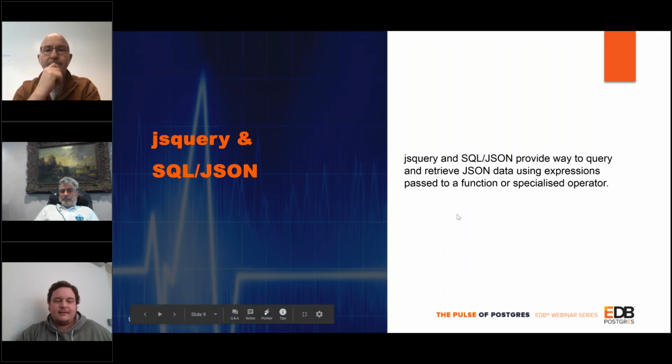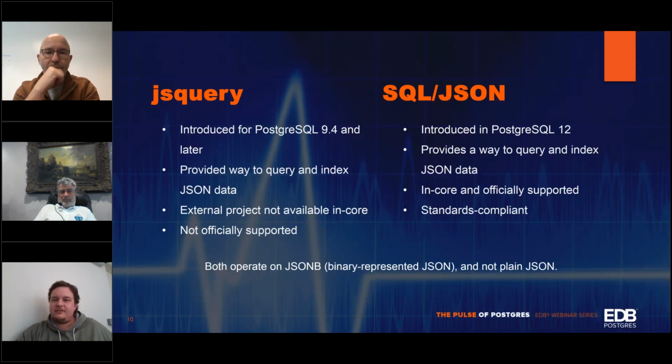Okay, shall I get started? So just a quick overview of what we're talking about. The two things in question, we're comparing functionality of Jsquery and SQL JSON. These both provide a way to query and retrieve JSON data using expressions passed to a function or a specialized operator.